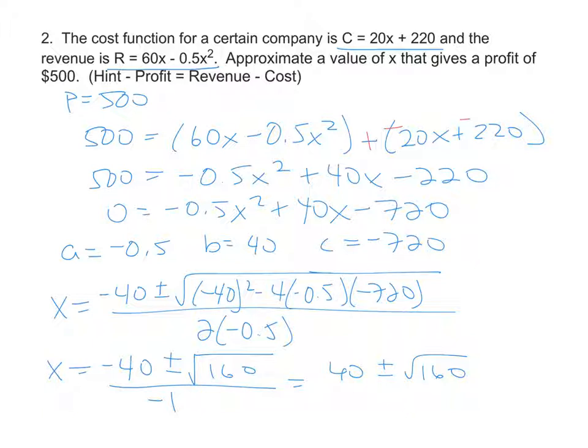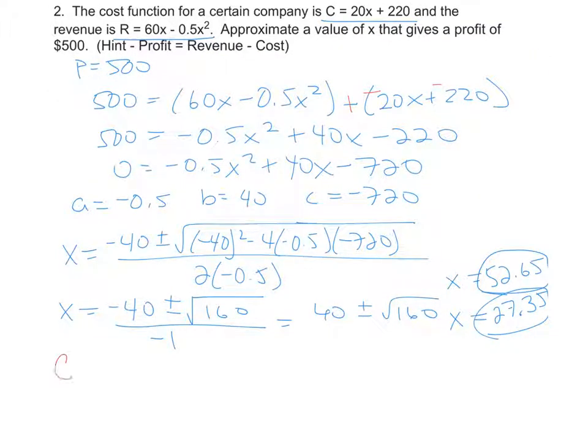Put that into my calculator, and I'll get x equals 52.65 and 27.35. You'll notice both of these answers are positive. Both of them are possible values of x, which basically means the cost of an item. So I need to check both of them.